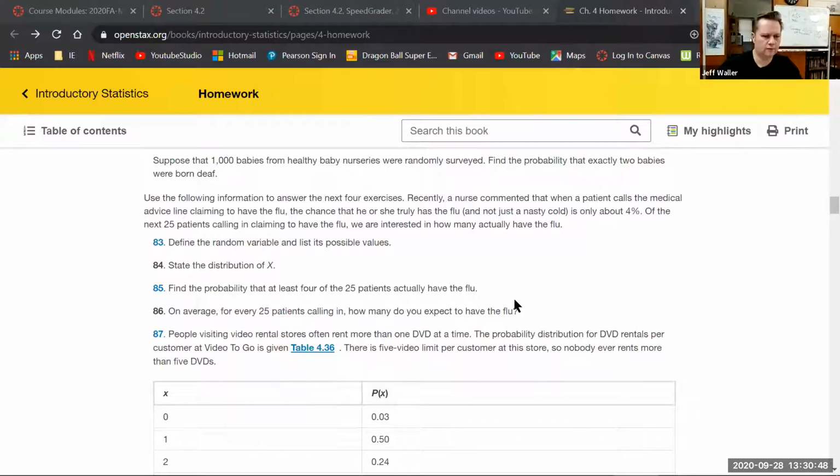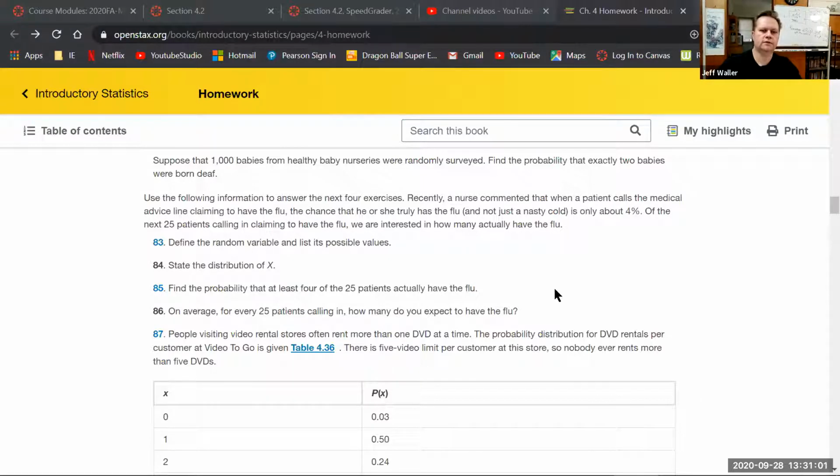I have a question on the table from section 4.3. Let me throw it up here. This is number 85. First off, I don't know how many of you have tried this problem yet.